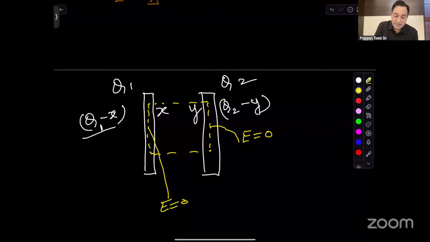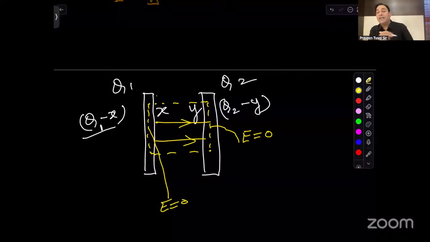Electric field lines, whether it's a positive or a negative charge, will be in this direction only or in this direction. They will be perpendicular to the plates. We have seen this result that if a plate has a charge, the E lines are perpendicular to the plates.